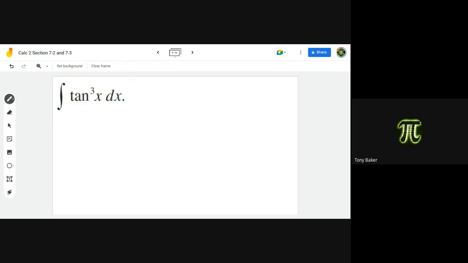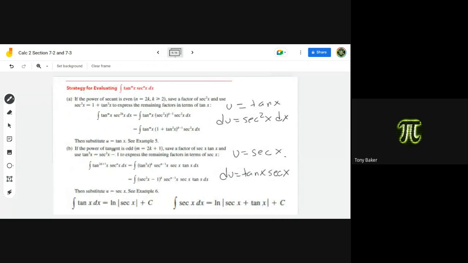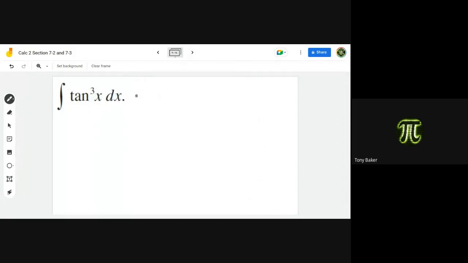Tangent is odd, right? So if tangent is odd, I'm going to split one of my tangents off. So this becomes tangent of x times tangent squared x.